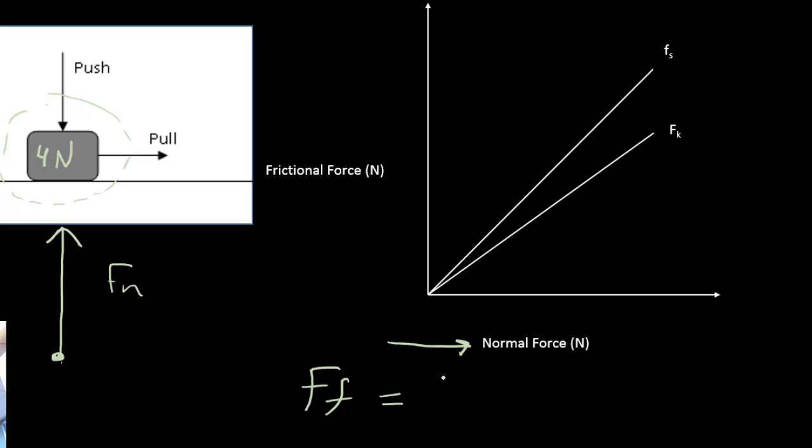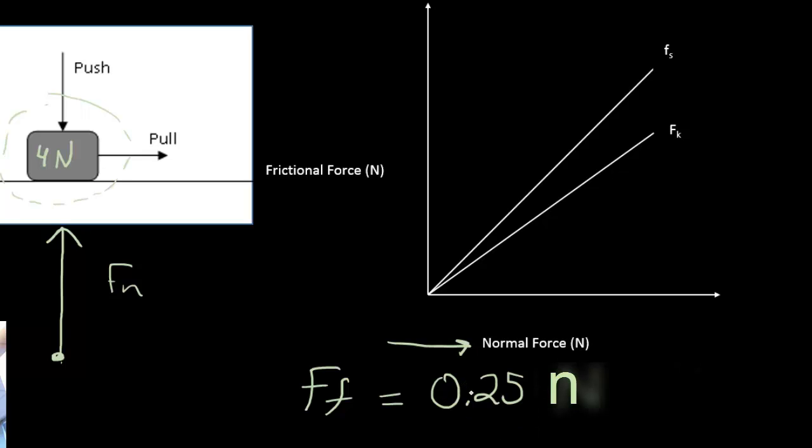I'm just going to make up one, 0.25. If I look at the slope of this graph, it's newtons over newtons, so the units cancel and it's unitless. Then I'm multiplying by my x, which is the normal force, which I'll write as a big N, or Fn, whichever you like.